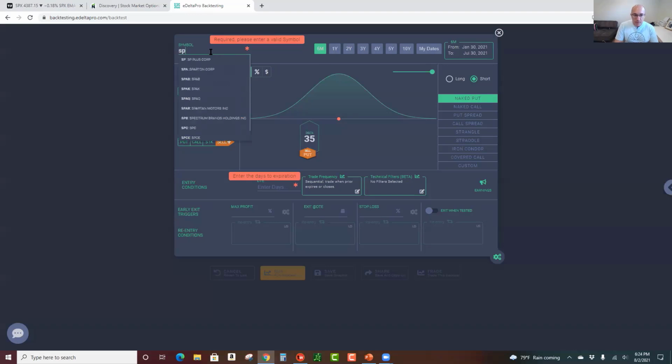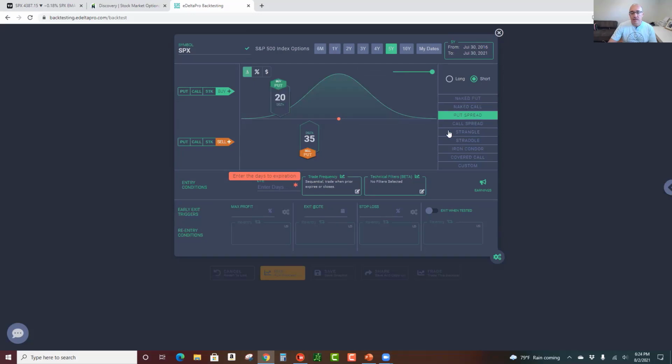And just real quick, we're going to put in our ticker. We're backtesting SPX. We're doing 5 years. We're going to be short a put spread, and this is going to put a short put here and a long put, and then you can adjust the width and all that. So what I like to do is I double click on this and I can link it. That way, what we're first going to backtest is selling a Delta 48 put.